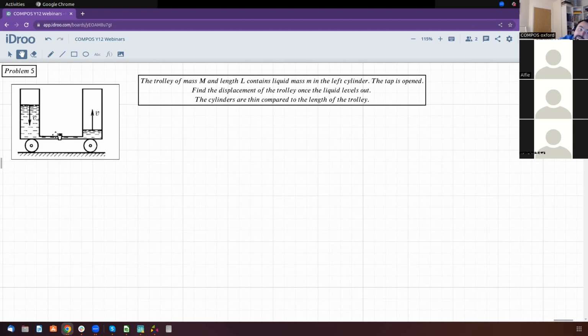Okay, anyways, the trolley of mass M and length L. So we have the length of the trolley.